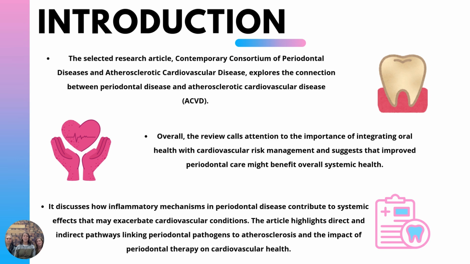It explains how the bacteria involved in periodontal disease can enter the bloodstream, trigger that immune response, and potentially contribute to the development of arterial plaque as well as inflammation. It also touches on how certain biomarkers like C-reactive protein, interleukins, and even heat shock proteins are elevated in both periodontitis and cardiovascular disease. So the link isn't just observational, it's supported by specific biochemical pathways.